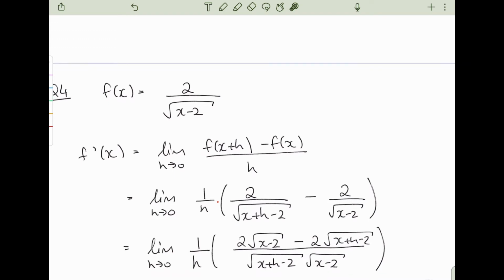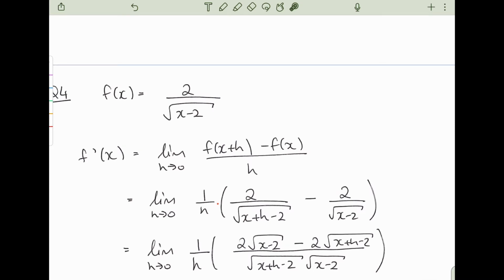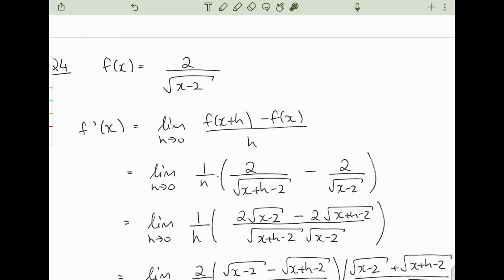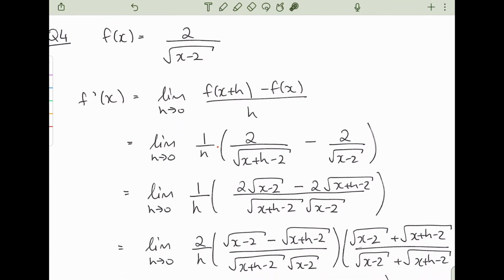So that becomes this thing minus this thing on the top, right? That is square root minus square root. We are very familiar with this, as we did question 3, right? So what we need to do is to multiply the conjugate, right? This is the conjugate, square root plus square root.